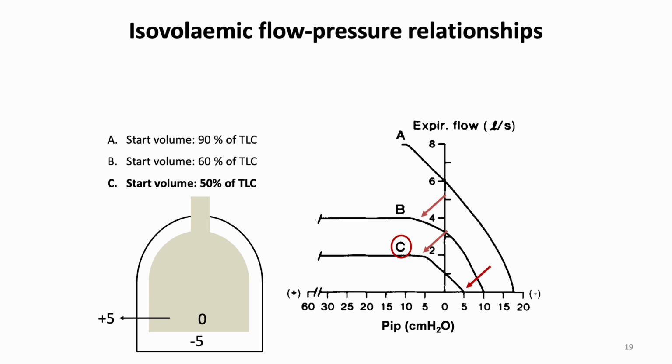Graph C, the starting volume is even smaller, 50% of total lung capacity, corresponding to a pleural pressure to start with of minus 5 centimeters of water. This is close to, or actually below functional residual capacity. Okay, same story again.